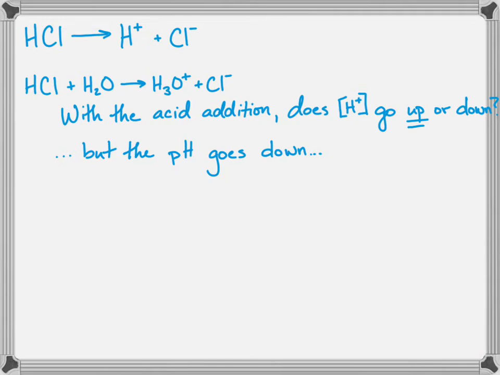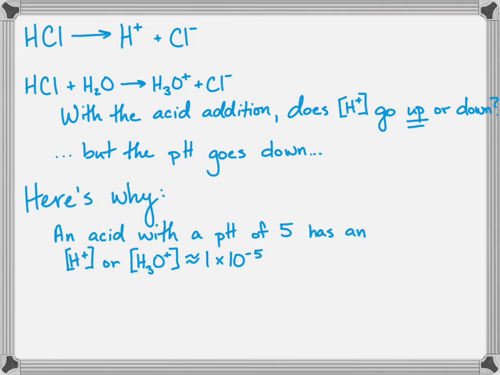We know acids make pH go down, but it seems like hydrogen ions should go up. And if that's what you said, you're correct. This is why. When you're working with negative exponents, the number gets bigger as the exponent gets smaller. So a pH of 5 represents more hydrogen or hydronium ions.